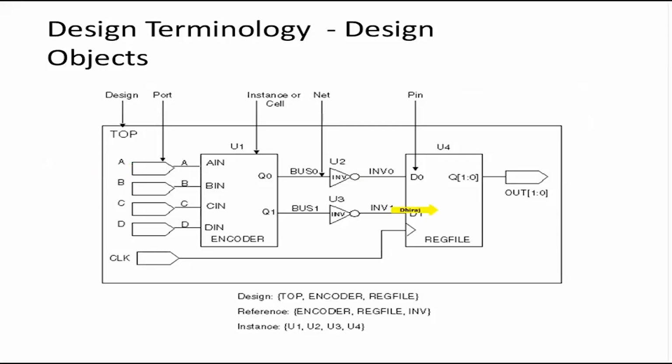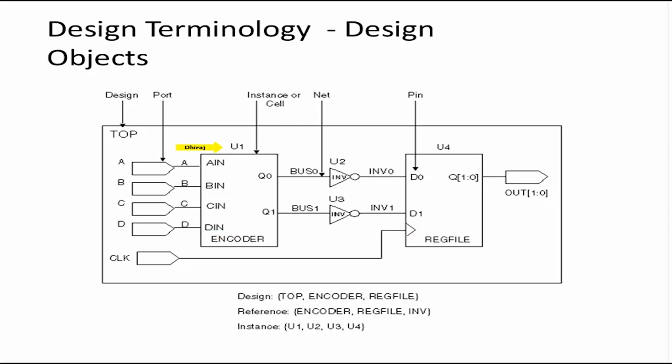Please be very clear about the difference between ports and pins. When we say something is a port, we mean it is either an input or an output at the top level. A pin is associated with something which is inside the top level, not at the boundary. Here, the top contains two subdesigns, which we can also call references: encoder and reg file.